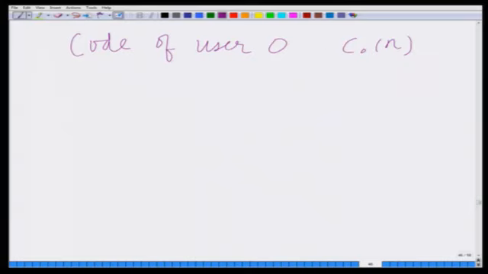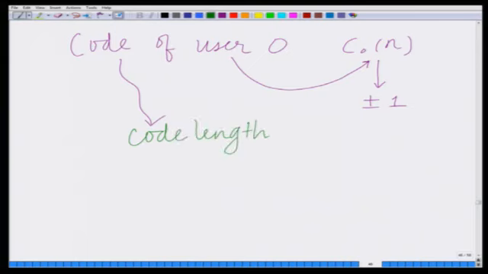So, the code of user 0 is C0 of n, and each C0 of n, as we have seen previously, is either plus or minus 1, and we are considering a code length of capital N. So we are considering a single user CDMA scenario in which the transmitted symbol of user 0 is A0, the code of user 0 is C0 of n, and each code symbol or each chip is plus or minus 1, and the code length is capital N.